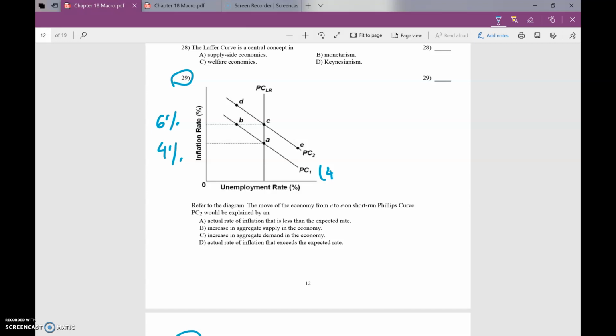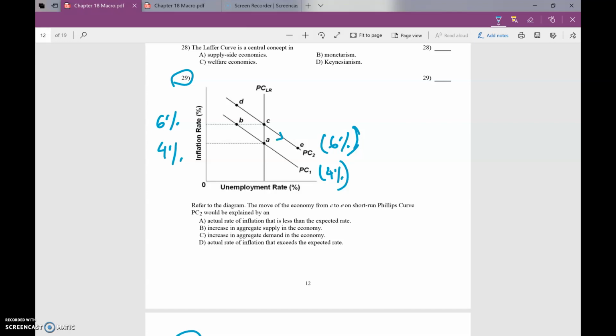The expected inflation rate is 4% for PC1 and 6% for PC2. The question: the move of the economy from point C to E is explained by what? Okay, we are moving from point C to point E.